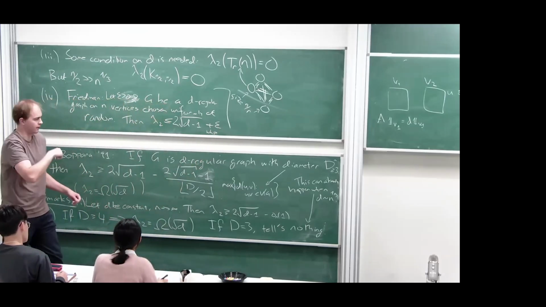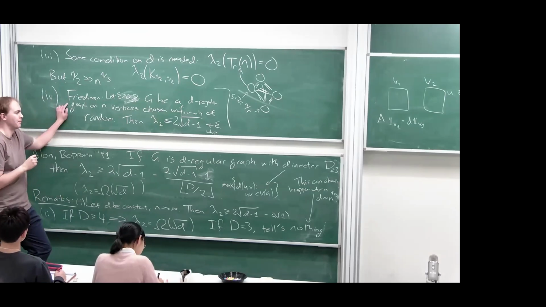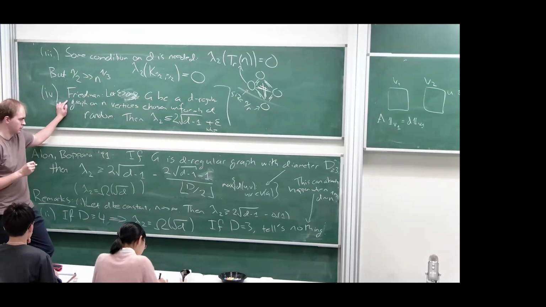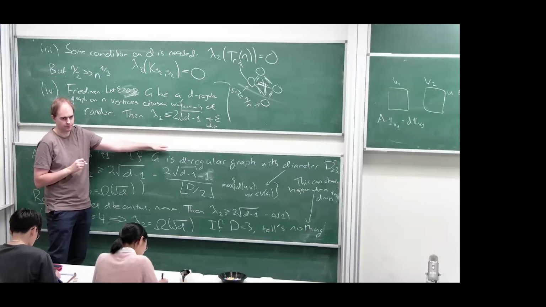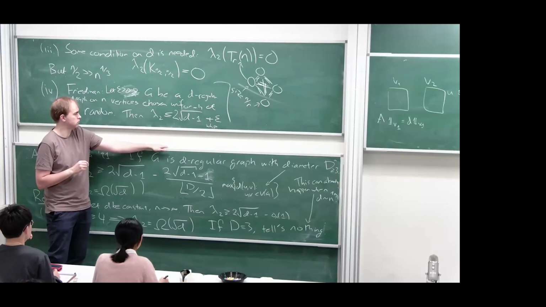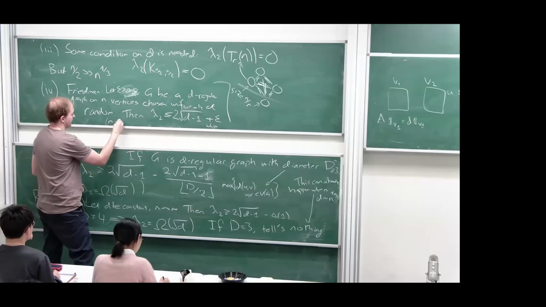So Friedman proved that up to any additive constant, this bounded lambda 2 is the best possible for random graphs, when n tends to infinity.